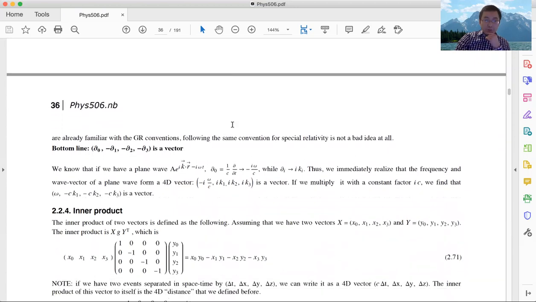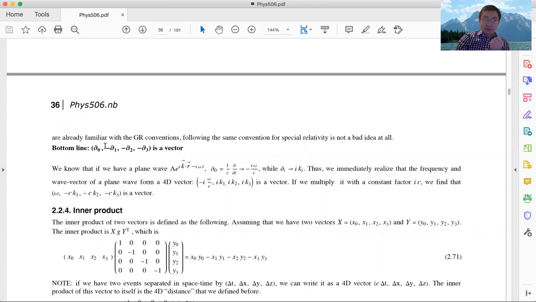One final thing we mentioned last time is that from the derivative 4D vector, we immediately get another 4D vector, which is the frequency and the wave vector. The frequency and the wave vector with this specific combination must also be a 4D vector. The reason we know that is because for a plane wave, this derivative becomes omega and k.